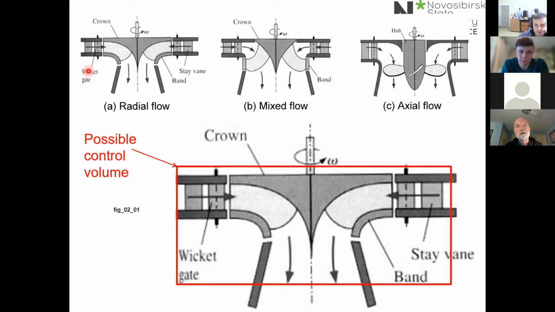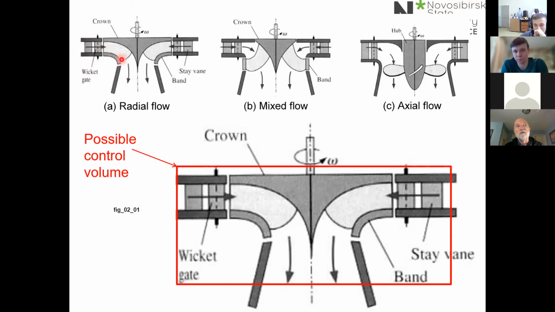What is usually the case with the hydroturbine is that the water comes in radially. And what is called a wicket gate or a stay vane sometimes is a device whose job it is to adjust the angle of the flow coming into the turbine. The reason for that we'll look at later.